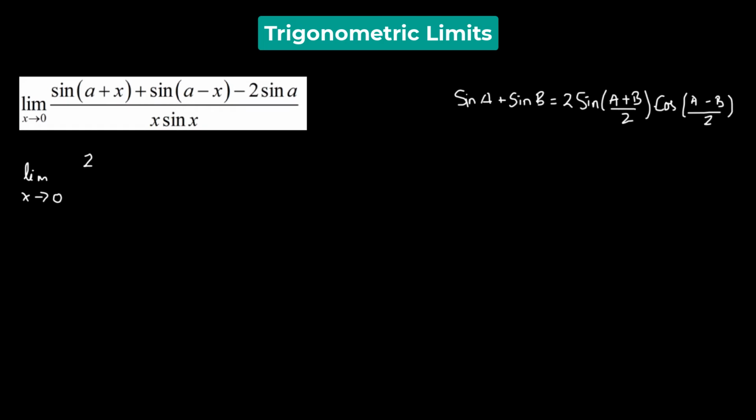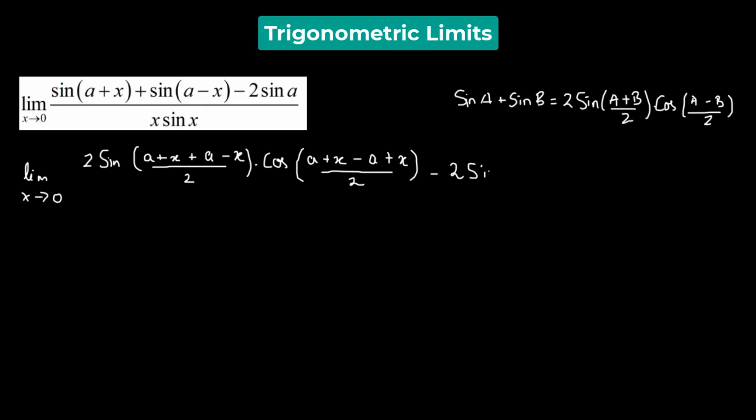So we have 2 times sine of a plus x, so this is a, plus b, which is a minus x, over 2, times cosine of a plus x minus a minus x divided by 2, minus 2 times sine of a, divided by x times sine x.